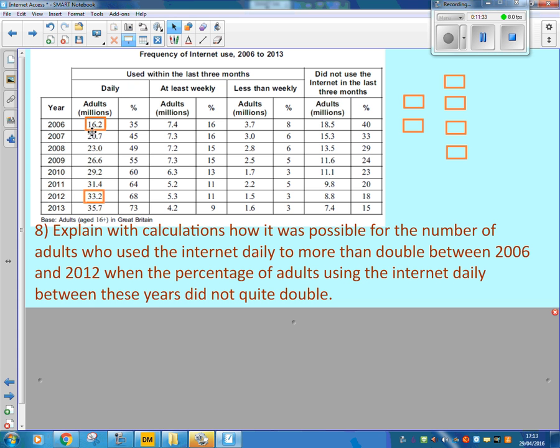Because if you double 16.2, you get 32.4, and 33.2 is a bit more than that, so it's more than doubled. But if instead I look at the percentages, do you see the percentages, 35%, 68%, it's gone up a lot, but it hasn't quite doubled.